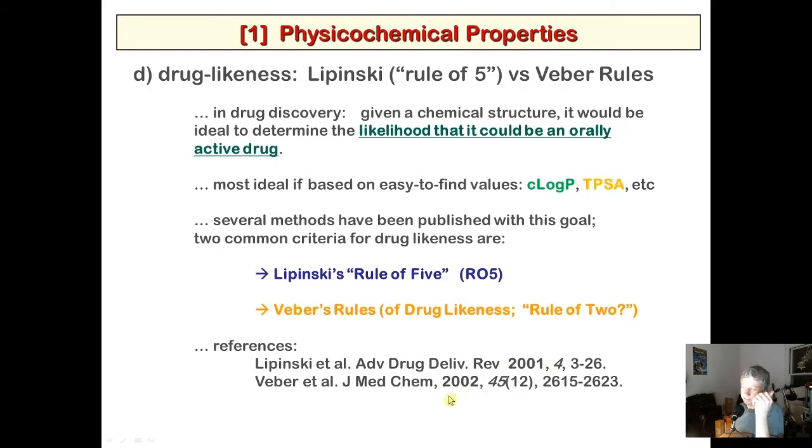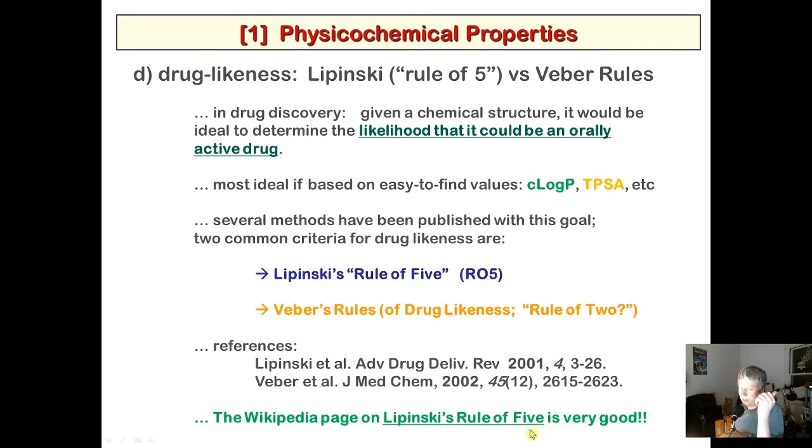Both of these are really good papers if you're interested in becoming a medicinal chemist. The Wikipedia page is really good too. It's a nice comprehensive discussion of the Lipinski rule of 5, and it also talks about the Weber rules. It's a good resource, pretty easy to read, and factually correct.